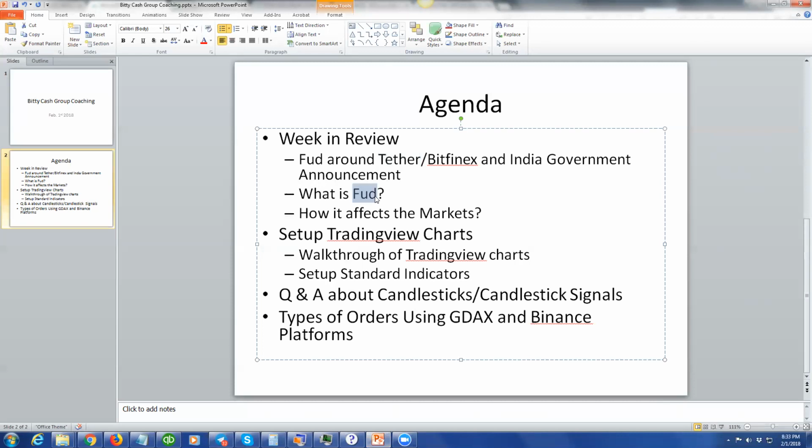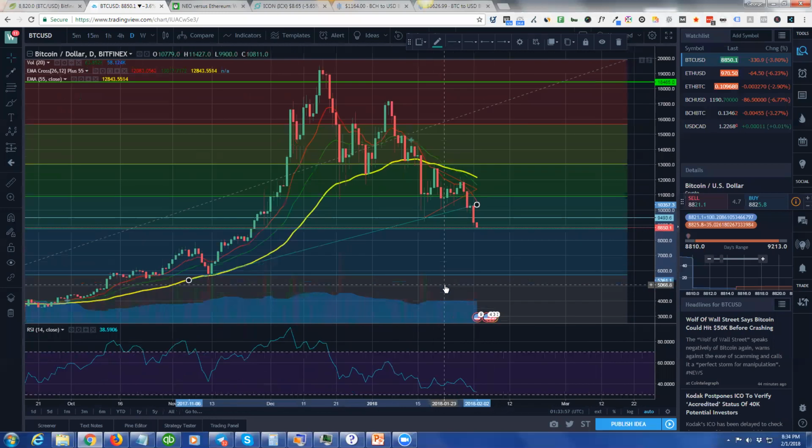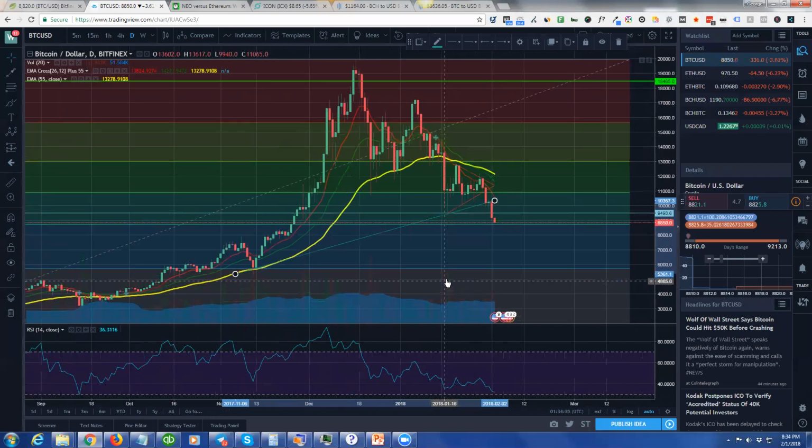But true traders look for stuff like this. Whenever you see FUD like this, there are definitely opportunities to buy. So it's just about knowing when to get in and when not to get in. And I see news articles all the time about the bubble breaking and this, that, and the other thing. And it's come down $10,000 in a short period of time.